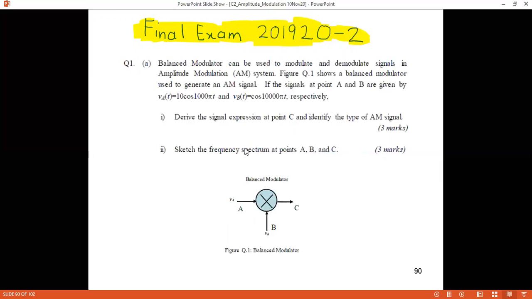Okay, this question is quite nice because what you have learned in the first part, the concept part, is applied to the generation and detection methods.